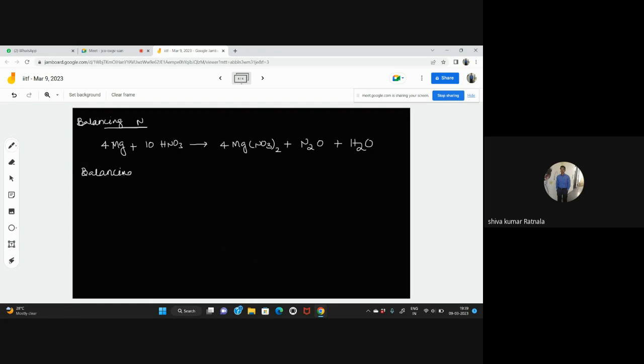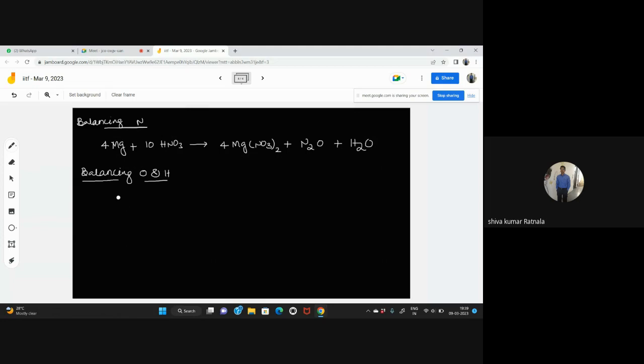Next, balancing oxygen and hydrogen. Magnesium is balanced, nitrogen is balanced. Now how many oxygens are on the right side? 30. And how many hydrogens? 10.